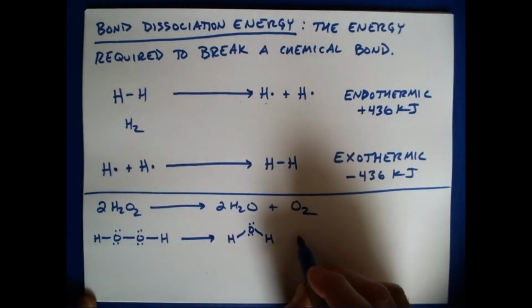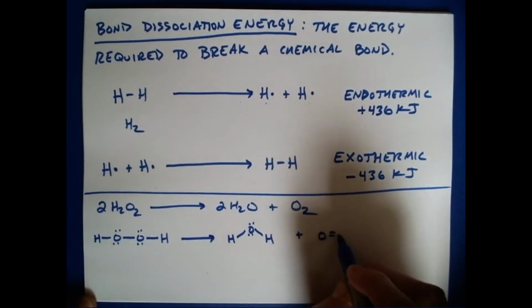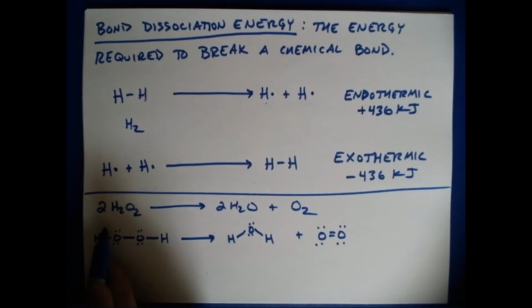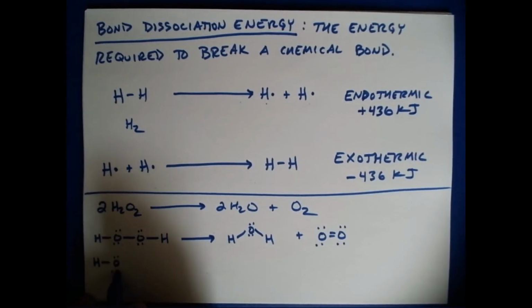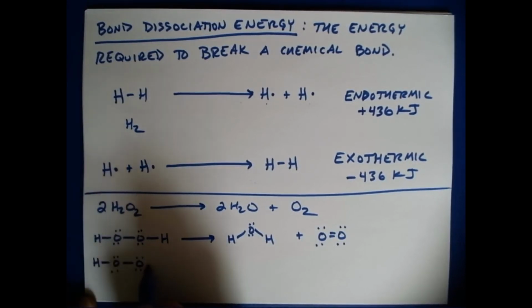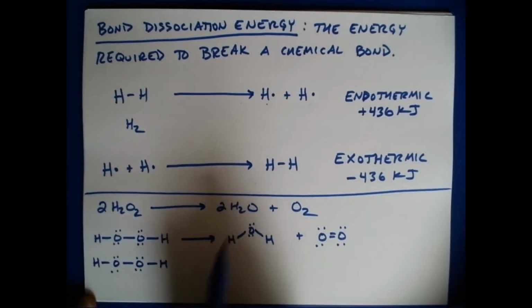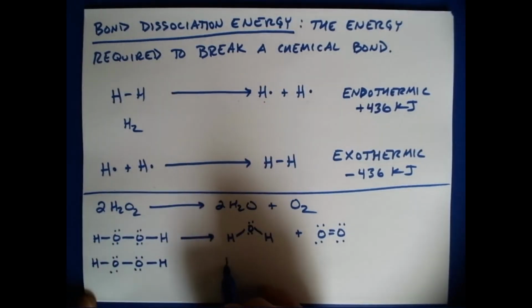And then for oxygen, we're also going to get a Lewis structure that's an oxygen-oxygen double bond in the oxygen molecule. Now we're going to need to recognize that in the chemical reaction there's 2 moles of hydrogen peroxide. So we're going to go ahead and add in a second molecule of hydrogen peroxide. And we're also forming 2 moles of water, so we better add in another water molecule.